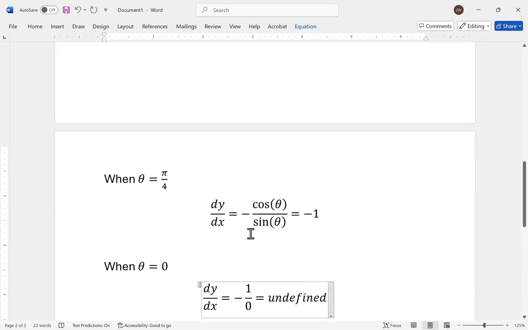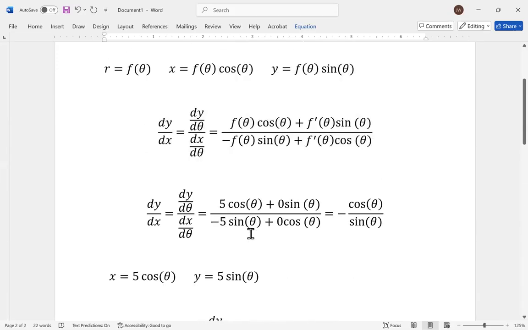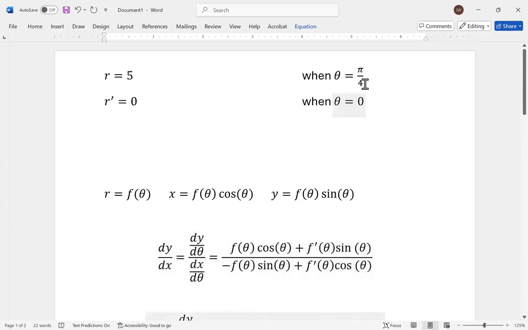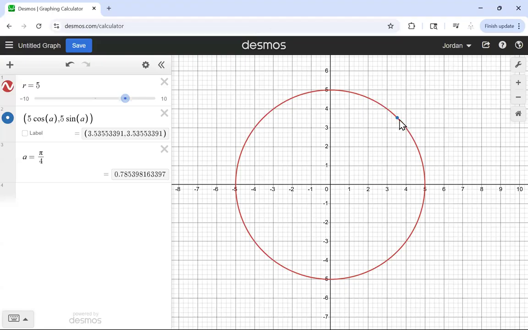Let's take a look at this idea here. Let's take a look at these two. The original function, the graph of the original function, which we know is a circle radius 5, and then what's happening when theta equals pi over 4, and what's happening when theta equals 0. So here's the circle of radius 5 drawn in Desmos, r equals 5.